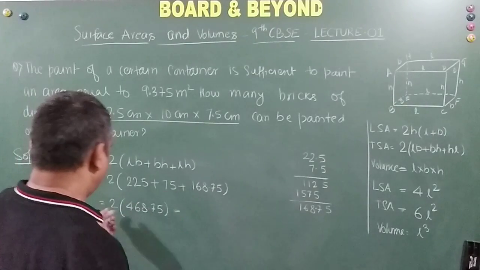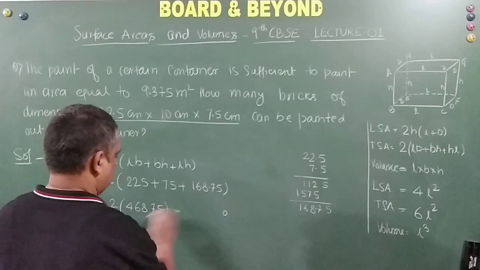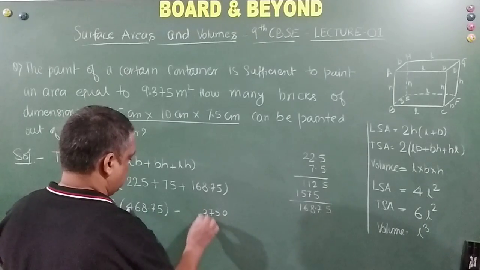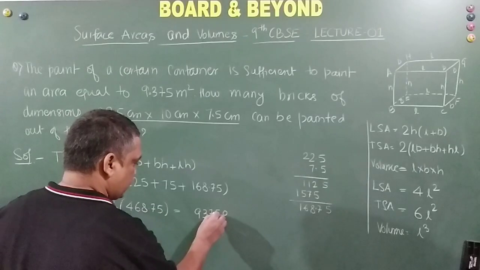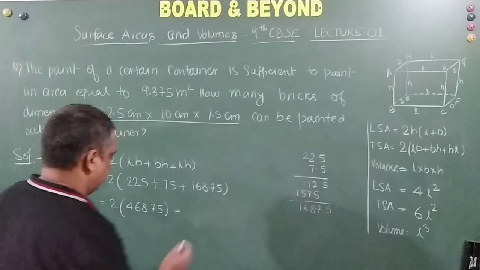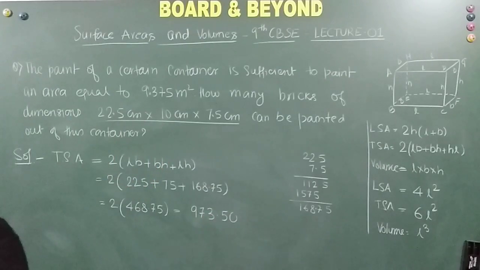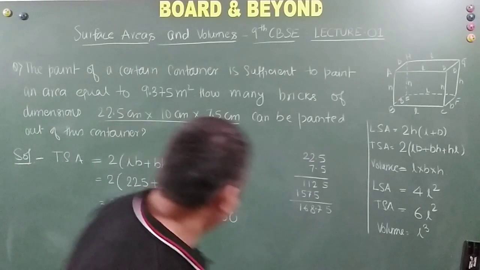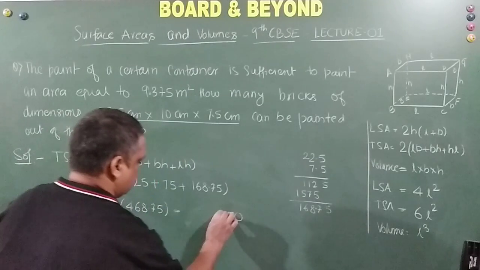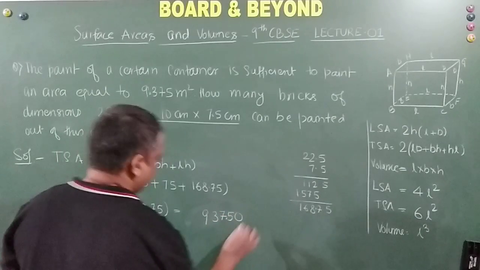Now when we multiply this by 2, it becomes after 2 decimals 937.50, my friends. So this is area, so this is centimeter square.